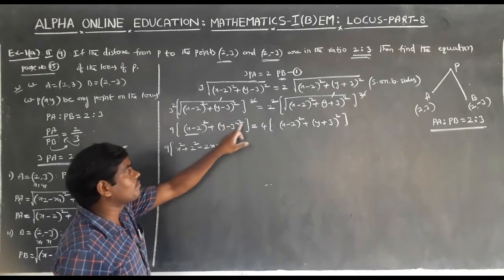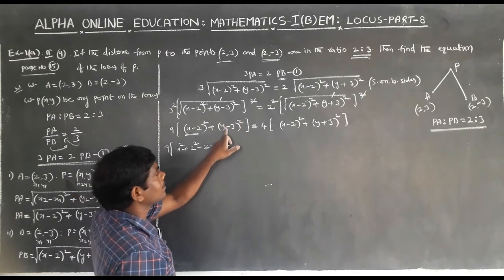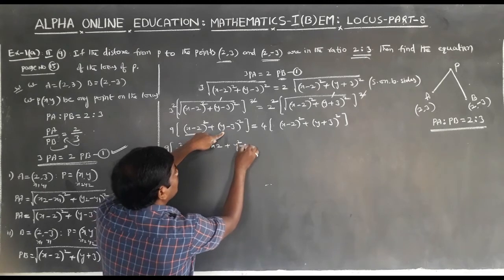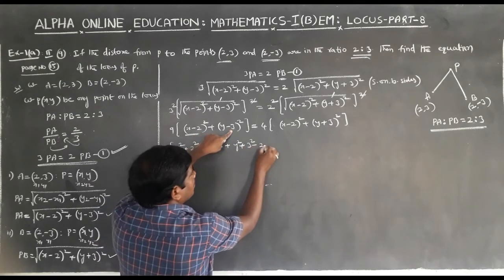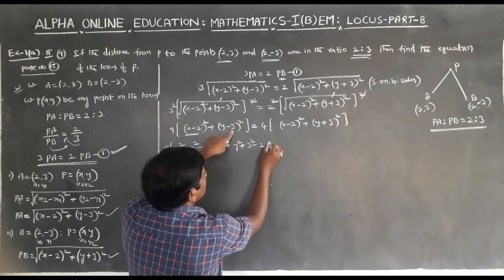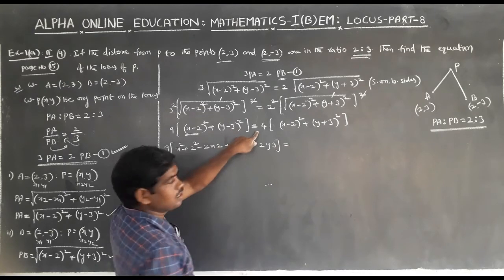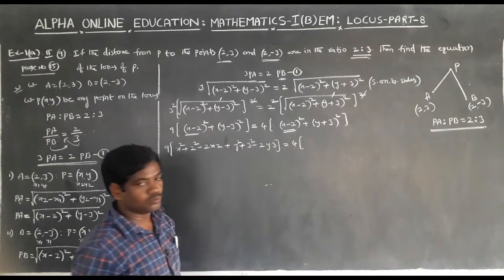Again by using the formula (a − b)², which is equal to a² + b² − 2ab: here a² is y², b² is 3², and 2ab is 2 into y into 3. This is equal to 4 into (x − 2)².